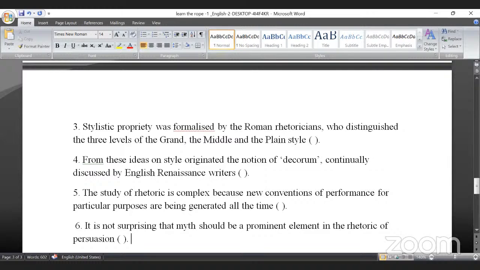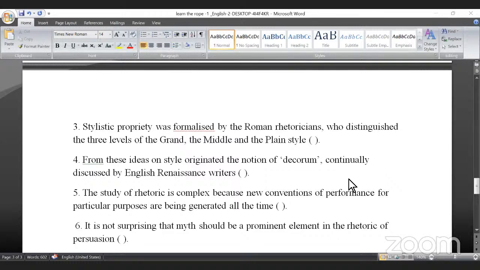Yes, ma'am. Who is talking about the stylistic propriety was formalized by the Roman? See, "who distinguished the three levels": who has to be somebody, right?